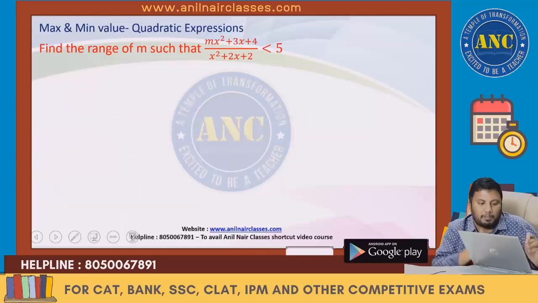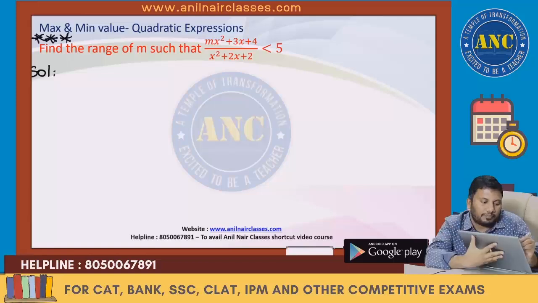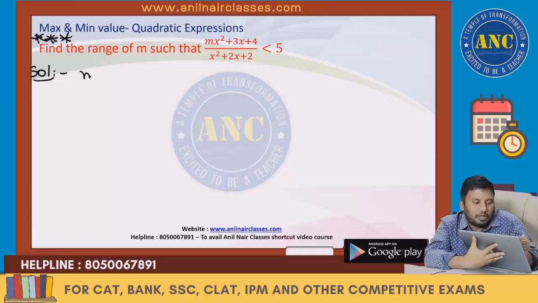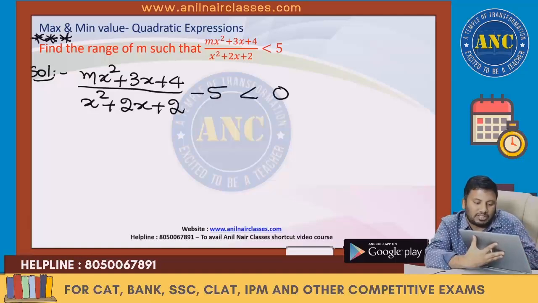This question is the best question for today, sir. Very, very good quality question. Listen carefully. A rational function cannot be cross multiplied. Put 1 plus 3x square plus 4 plus x square plus 2x plus 2 minus 5 less than 0.